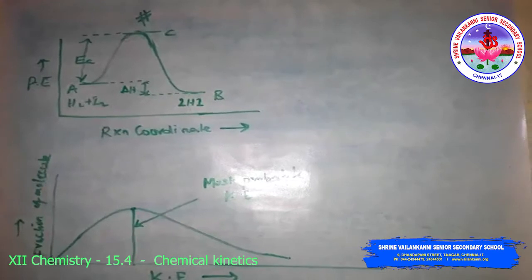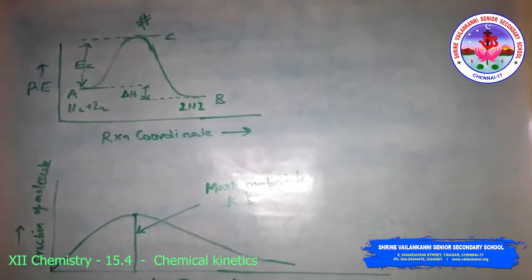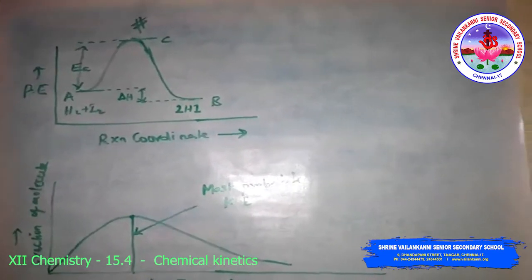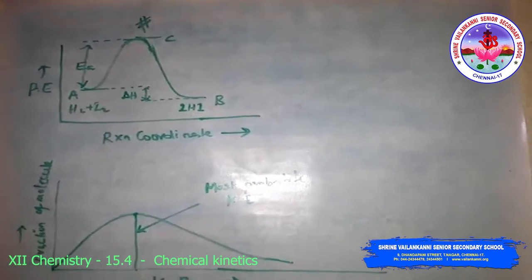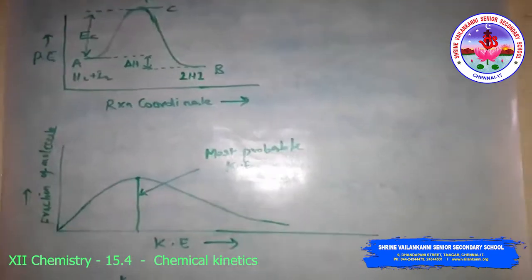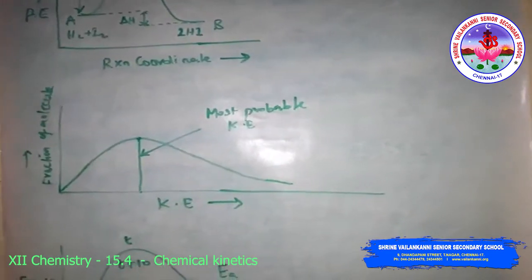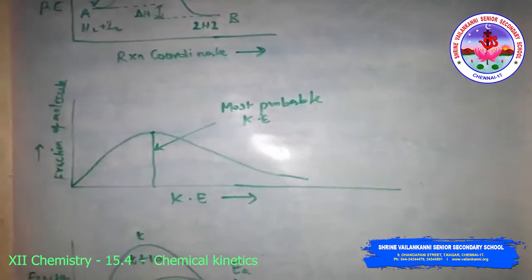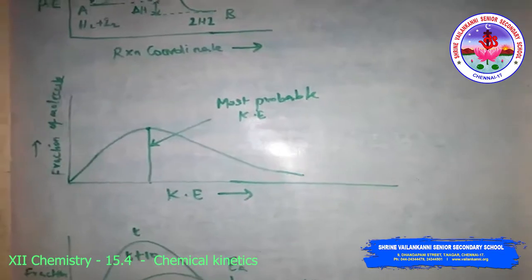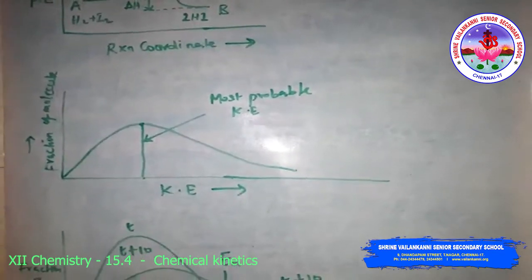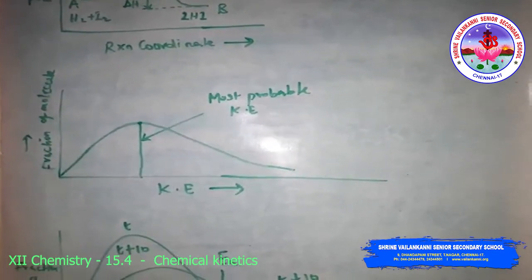Next, all the molecules of the same reacting species do not have the same kinetic energy. Since it is difficult to predict the behavior of any one molecule with precision, Boltzmann and Maxwell used statistics to predict the behavior of a large number of molecules.